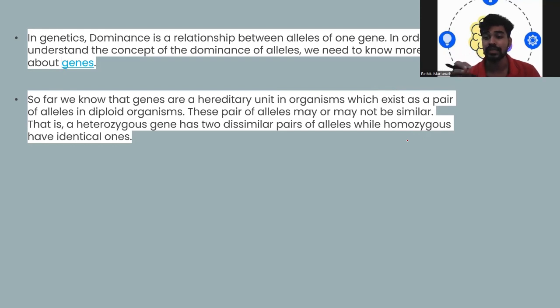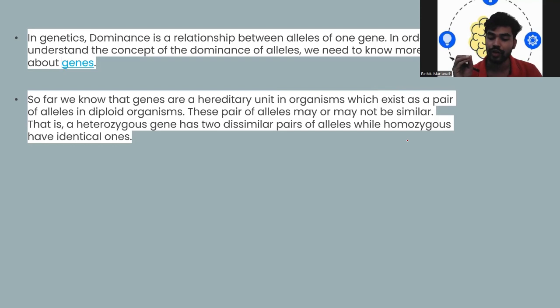As a result, the normal allele is going to produce a normal enzyme, which is needed for the transformation of the substrate.